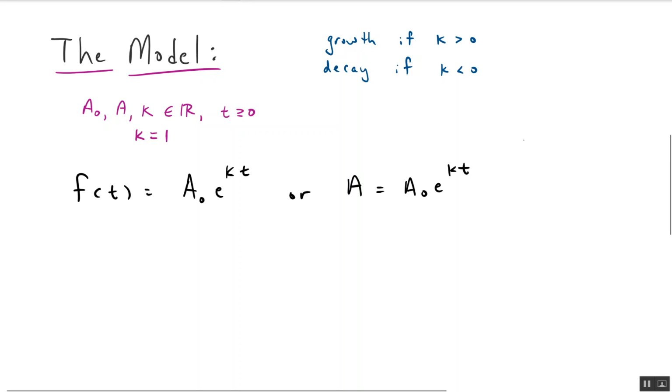So there's always a time 0 when you start a model, and then you want to see how it grows moving forward in time. So at time 0, we want to know what the initial amount is.